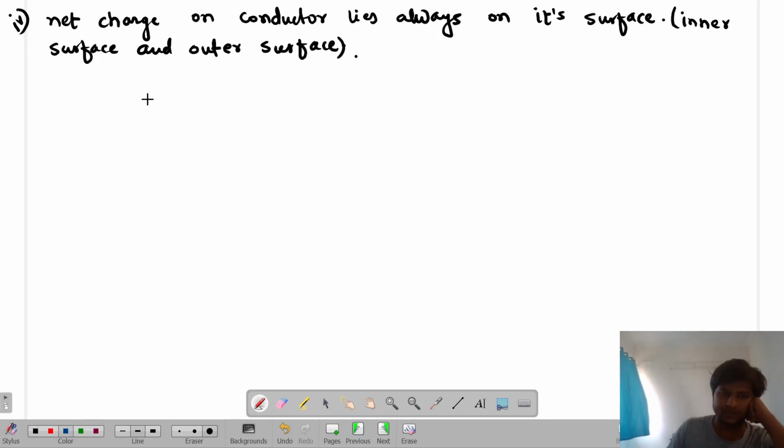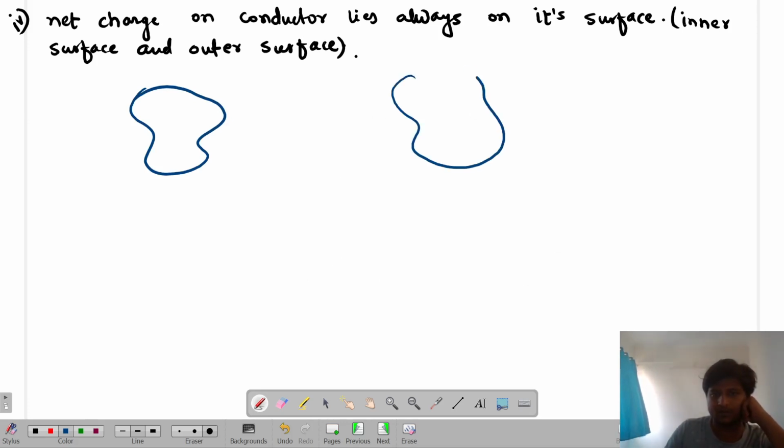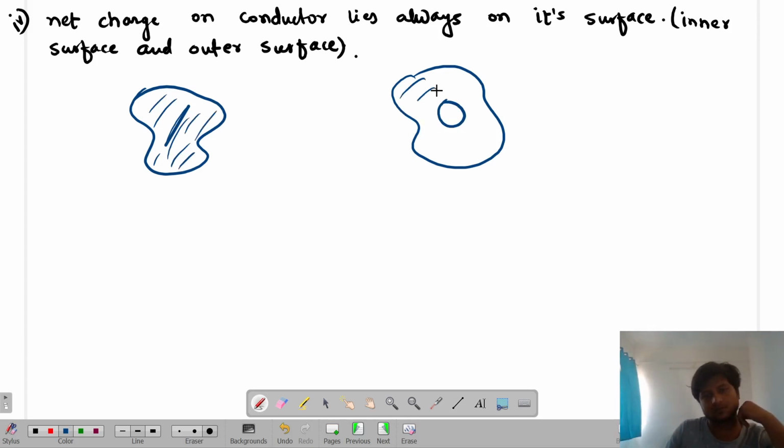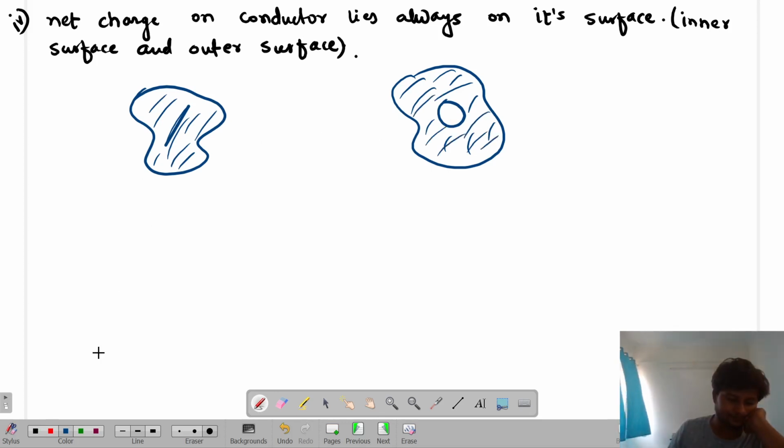So let's take an example. Suppose I have an arbitrary shaped conductor, and in this conductor I have some kind of cavity. Got it? Then definitely, first thing is net charge is present on these outer surfaces.